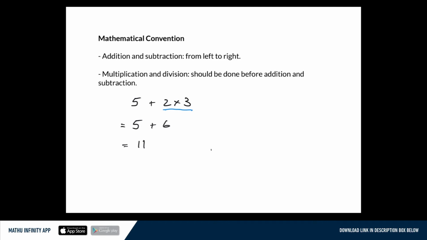Alright, if you had to go left to right the whole way through, you would have gone 5 plus 2 is 7, 7 times 3 is 21. You can see 2 different answers, and that is why we have these rules in place, so that the world would come up with the same solution. Alright, hope that makes sense. Let's move on to the last little rule.